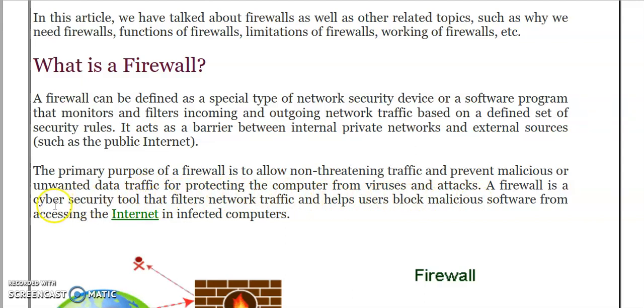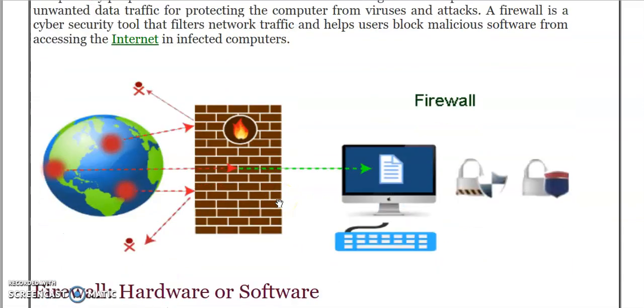A firewall is a cyber security tool that filters network traffic and helps users block malicious software from accessing the internet in infected computers. Here, with the example of an image, we can understand what a firewall is.